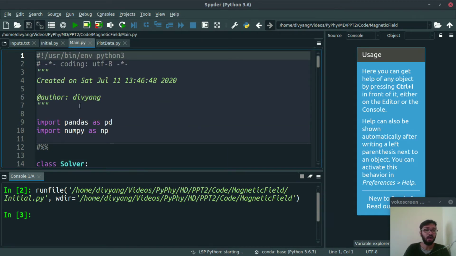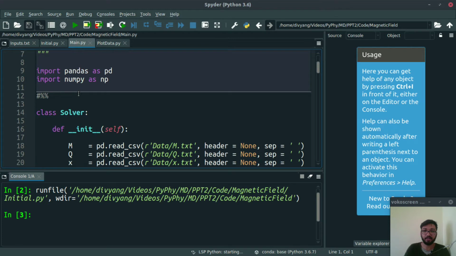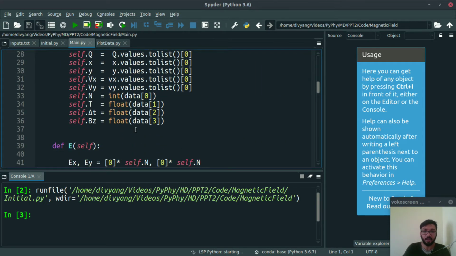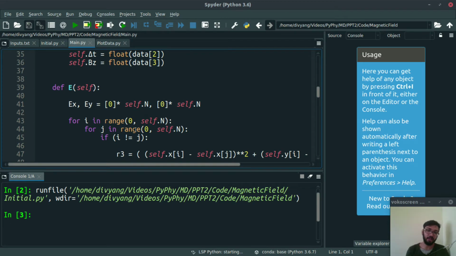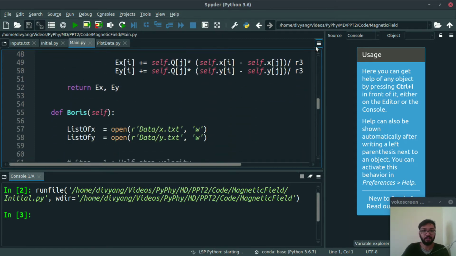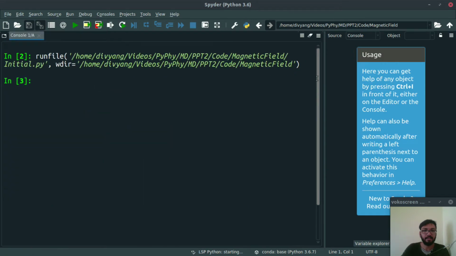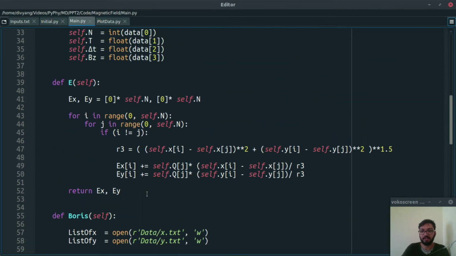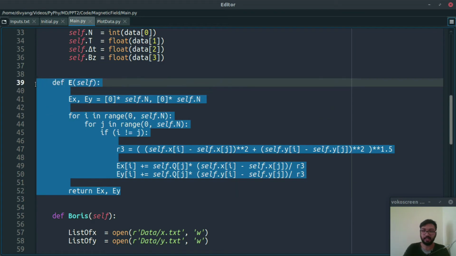Now we will run this main.py file, right? And we have already discussed the Boris algorithm. As I have mentioned in the previous presentation, in the presence of a magnetic field we will use the Boris algorithm, right? So as you can see here, let me maximize this window so that you can see. With this function I'm calculating my electric field.